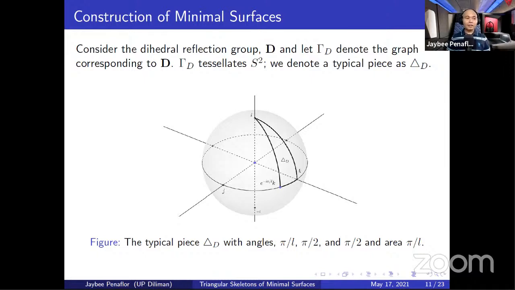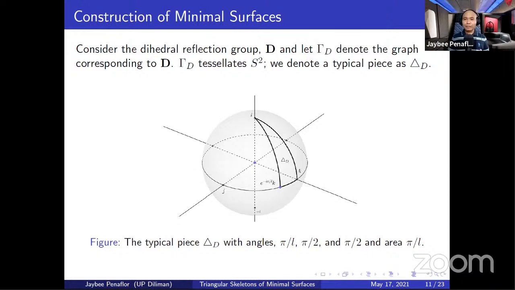Now, armed with lemma 2.4, when a graph denoted by capital gamma of D is lifted to S^3_2, that means, let's say gamma sub D has a path over here, a path over here, and a path over here.